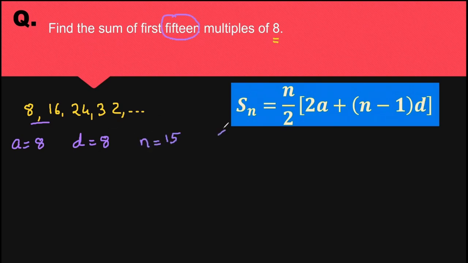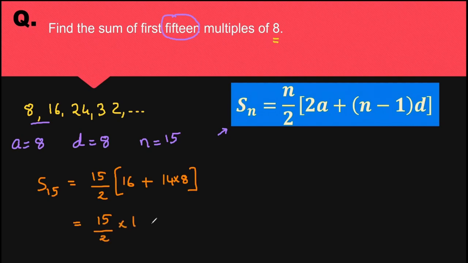So using this formula again, we get S15 equals 15 by 2 multiplied by 2a plus n minus 1, that is 14 times 8. On calculating this part, we get 15 upon 2 multiplied by 128.